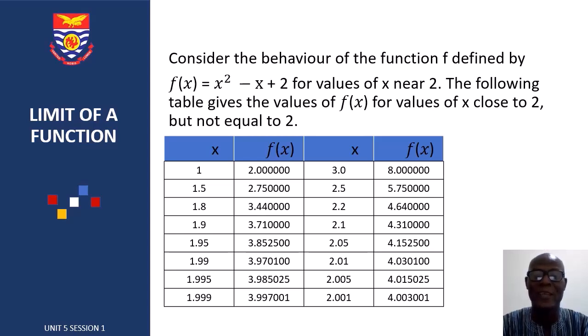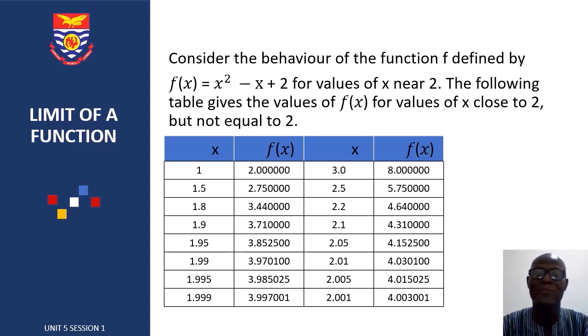In fact, it can be 1.99999. It can be as close as possible. And from the right hand side, x approaches 2 from 2.5 up to 2.001, and again, in fact, this can be 2.00001. It can be as close as possible to 2.